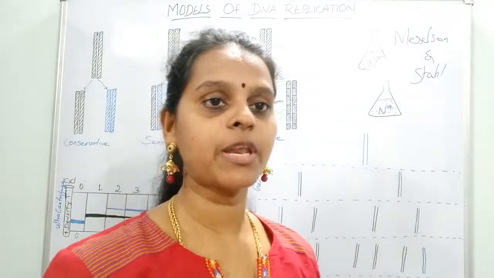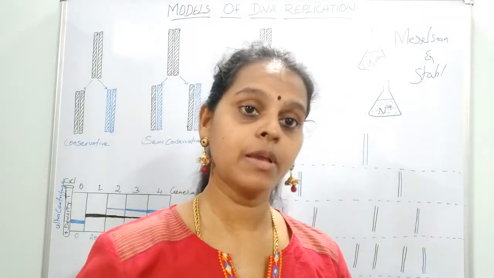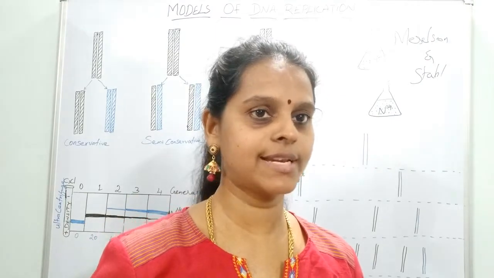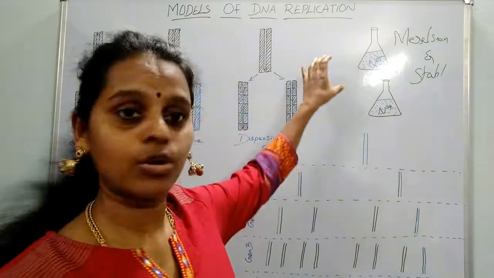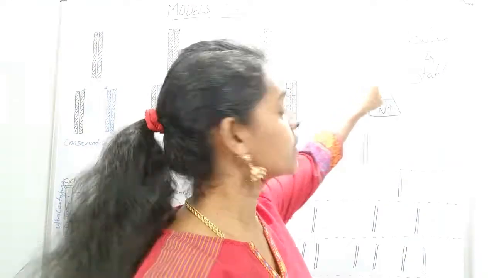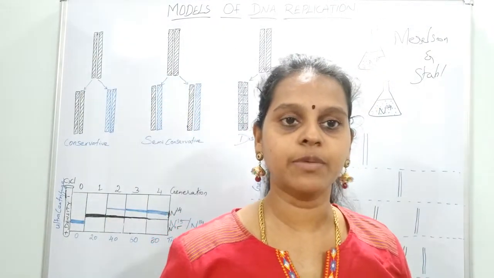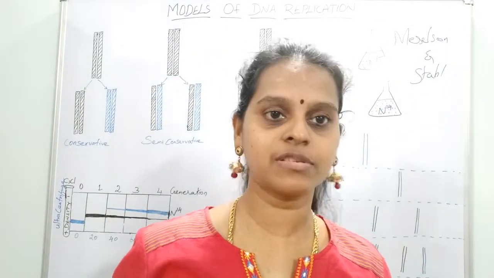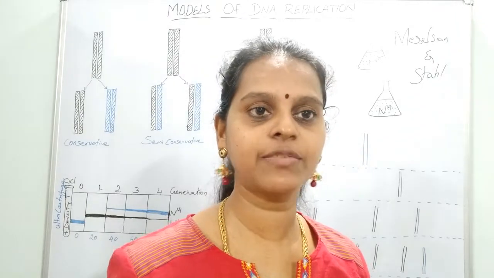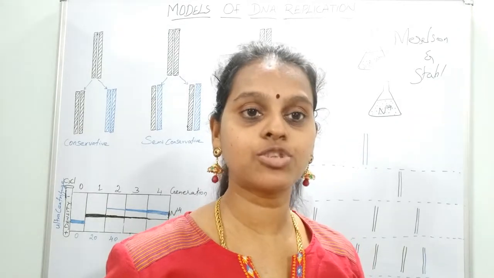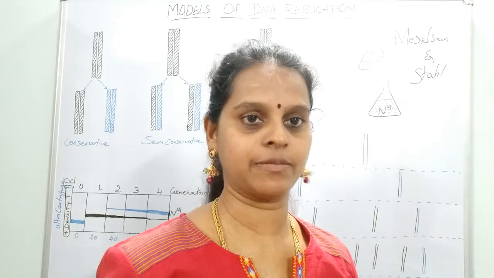For this experiment, they took E. coli bacterial cells as the model organism, and they grew these E. coli cells in a nutrient broth medium enriched with the heavy isotope of nitrogen, that is N15.